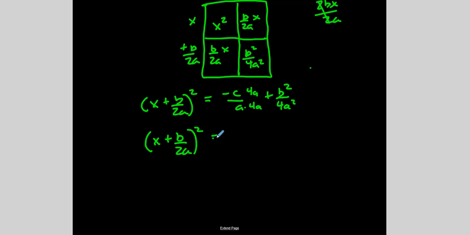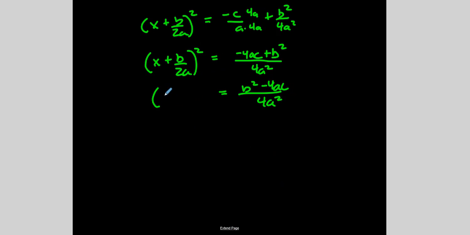And the right side, I have a common denominator now of 4a squared, so I have negative 4ac plus b squared, and I'm going to swap these. So I'm going to write this as b squared minus 4ac over 4a squared. So now I have x plus b over 2a quantity squared equals b squared minus 4ac over 4a squared.